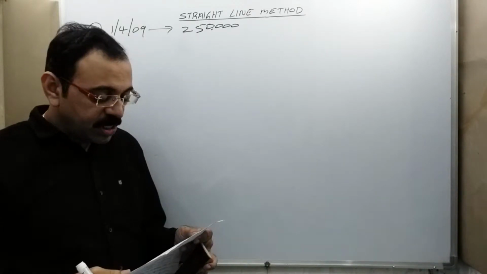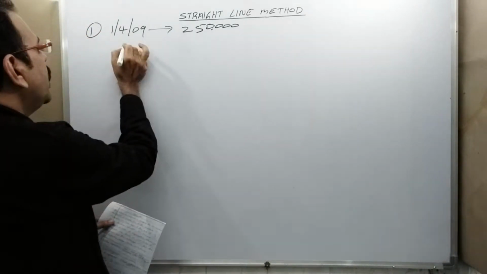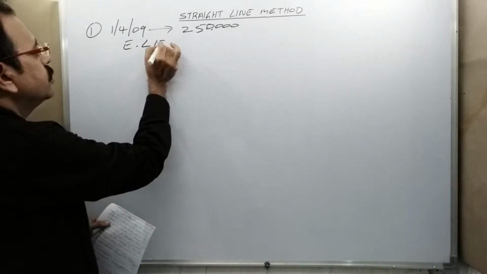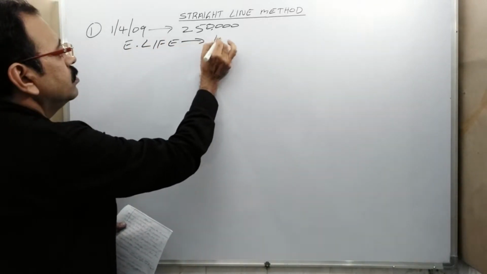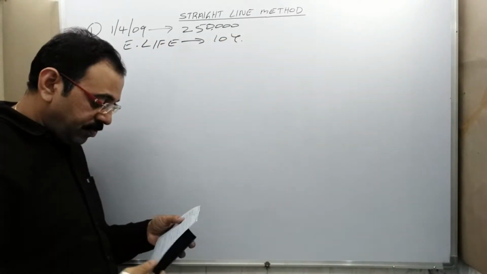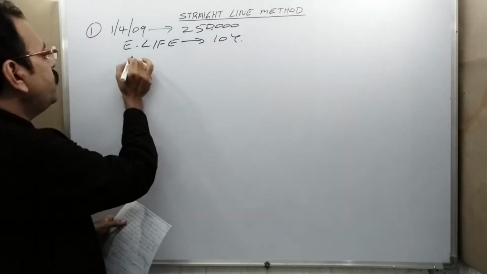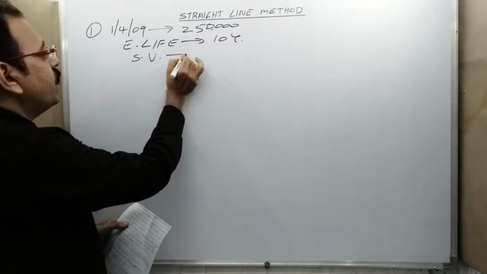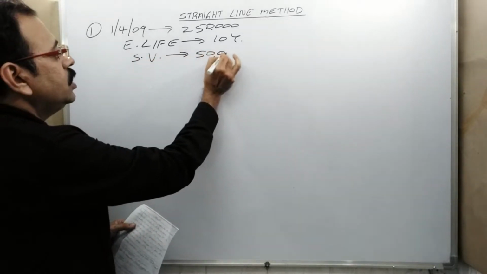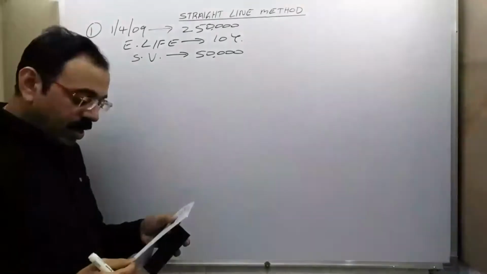Estimated life of the machine is 10 years. The scrap value at the end of its life is 50,000 rupees.